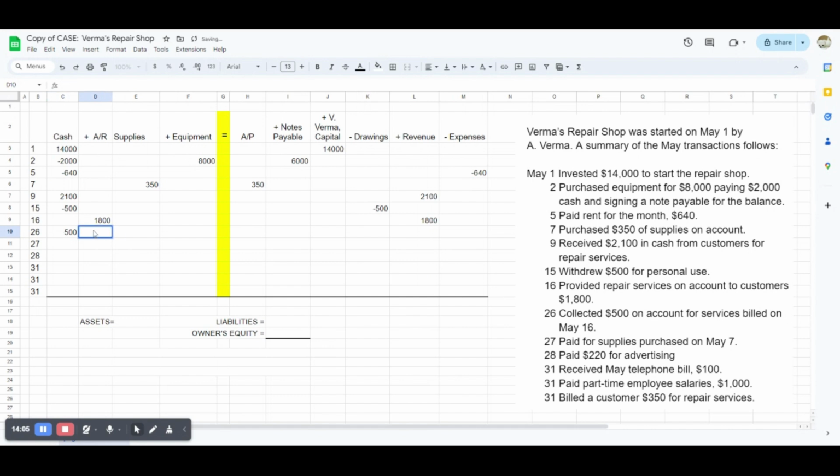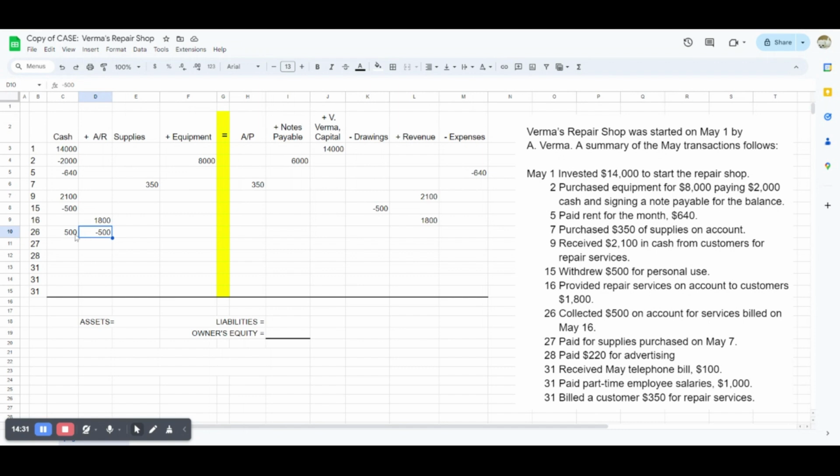And now they're going to owe you $500 less. So in the accounts receivable column, it's going to be negative 500 because now they don't owe you 1,800. They owe you 1,800 minus the 500 that they have now paid you.